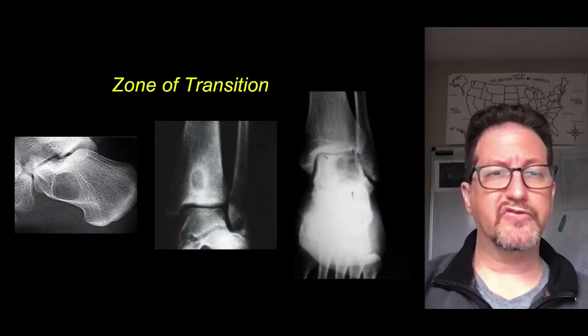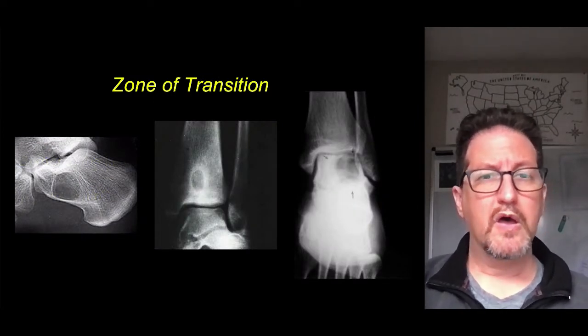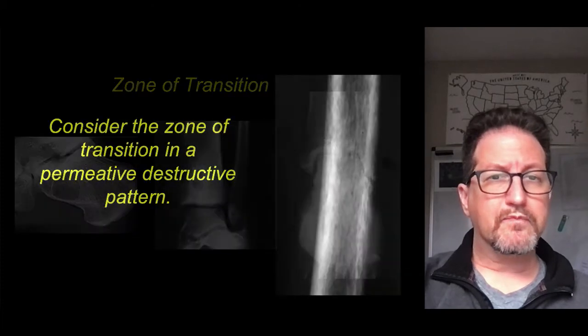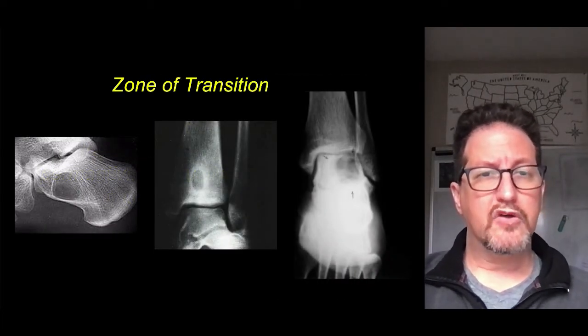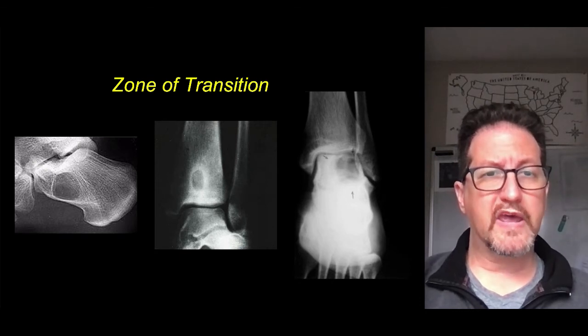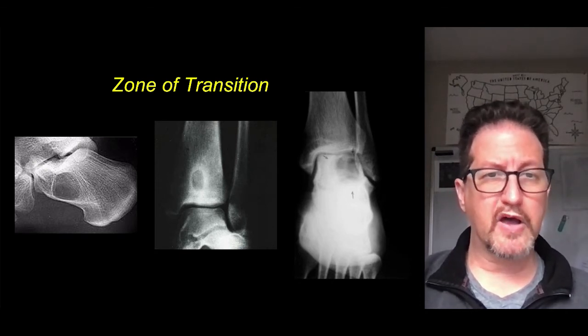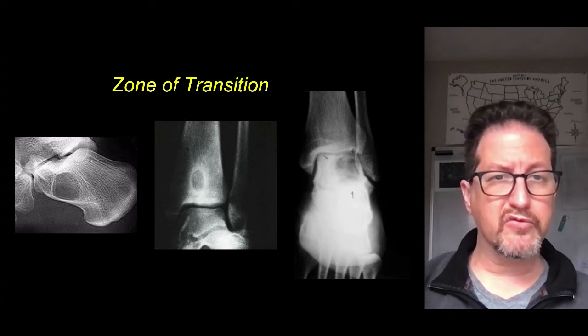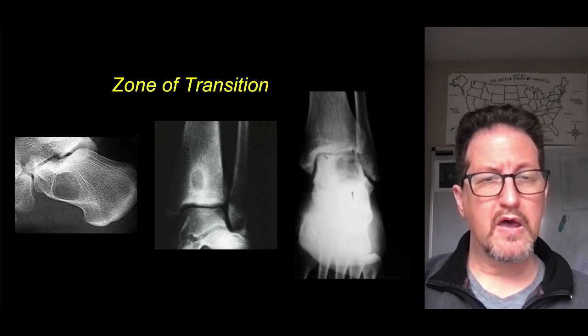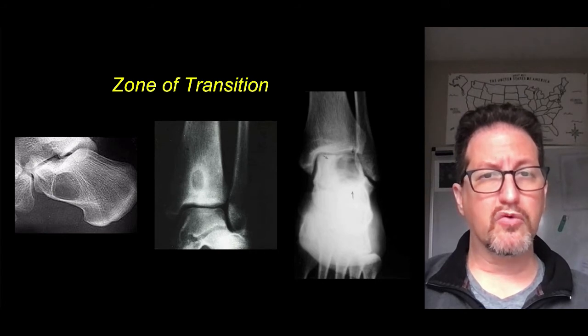So here are a couple of examples of different ones. You have this well demarcated lesion on the left. This is the one I showed you before, where you can see the sclerotic rim, at least to maybe half of it. It is slow growing.